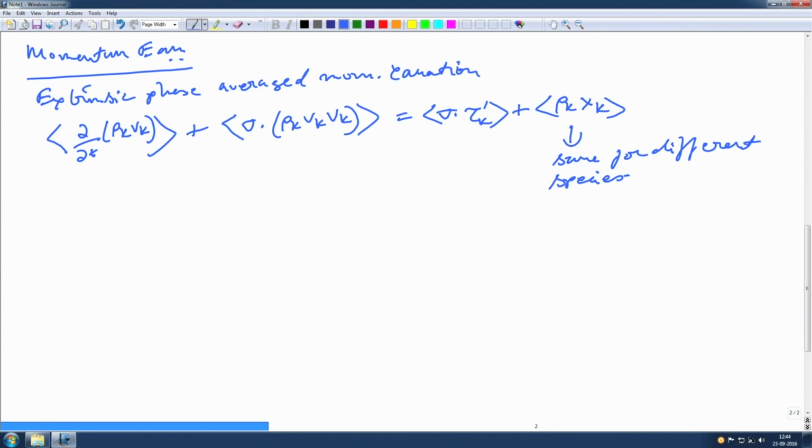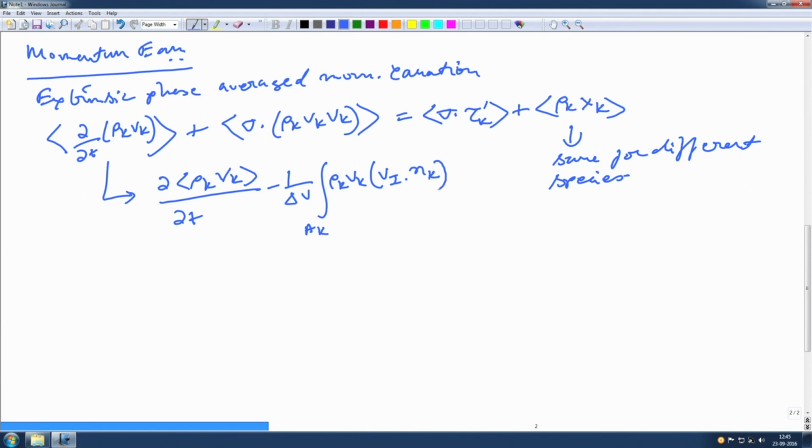Now, as per the rules that I covered in the last class, the first term you can represent as minus 1 over delta V, integral over A k, d A k.